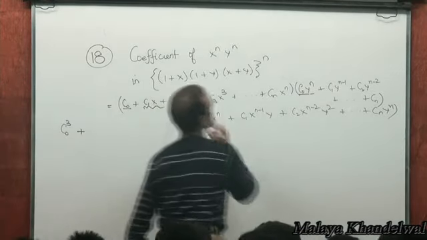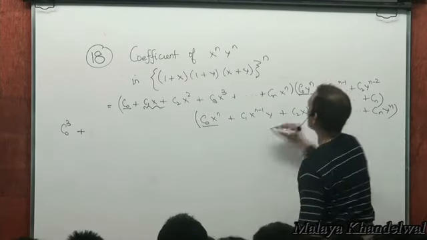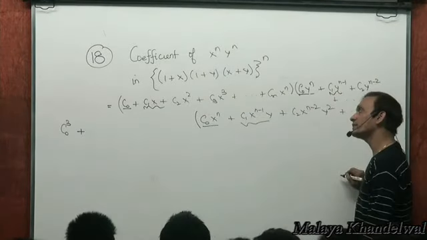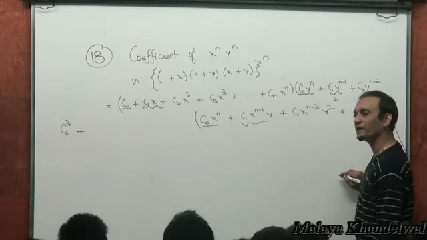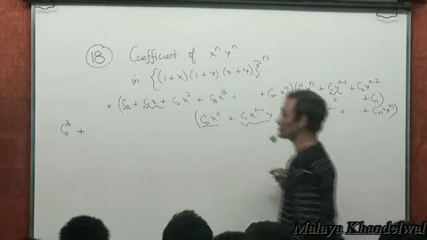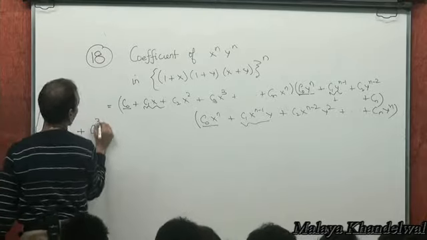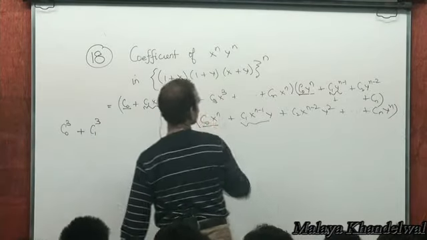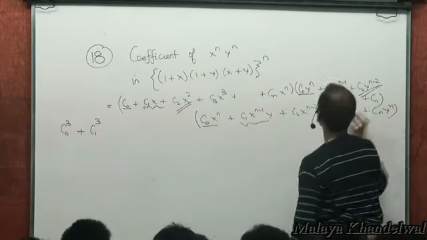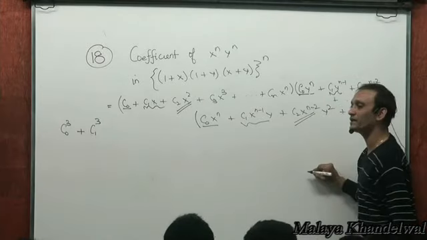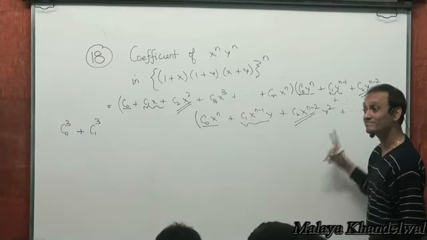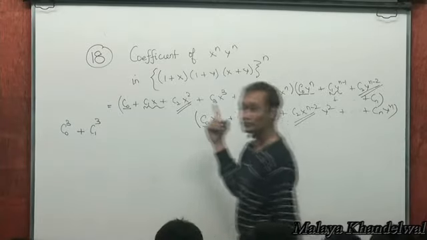I take this, I take this, and I take this. Tell me, do I get x power n, y power n? That's c1 cubed. And then I take this, this, and this. See if I'm getting x power n, y power n. c2 cubed.